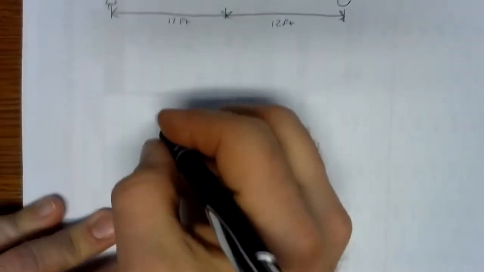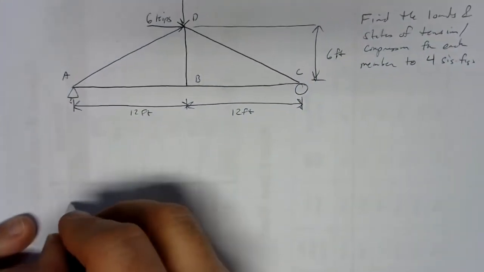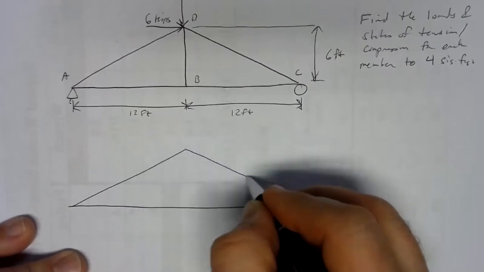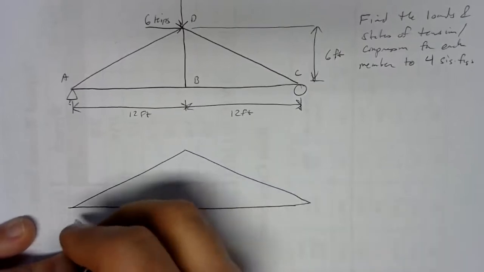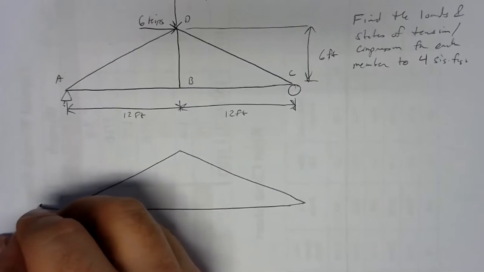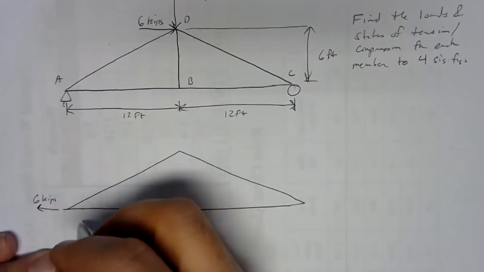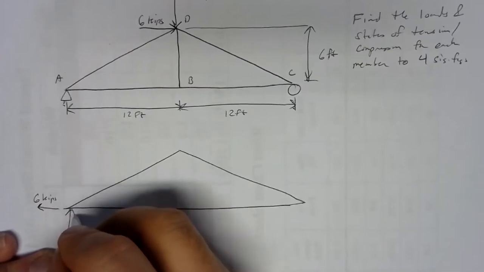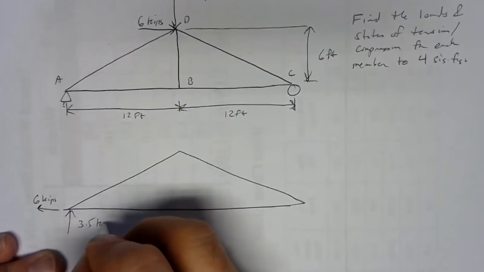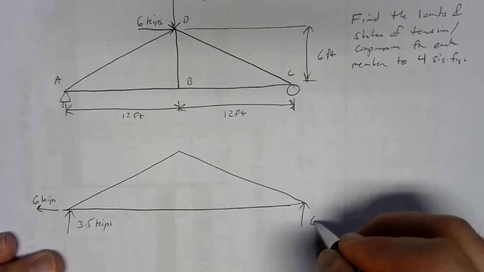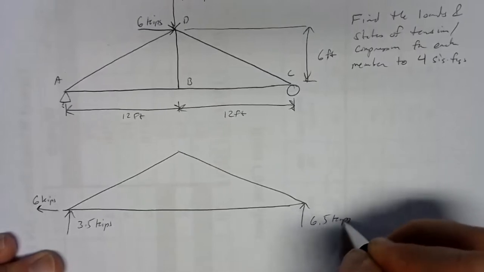So let's redraw the drawing here a little bit. We've got at A, 6 kips to the left, and 3.5 kips up. We have 6.5 kips up there.